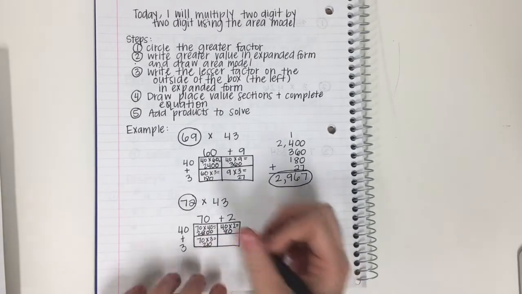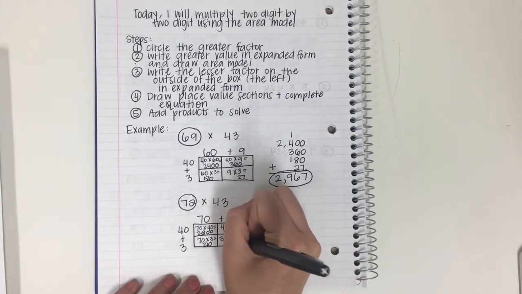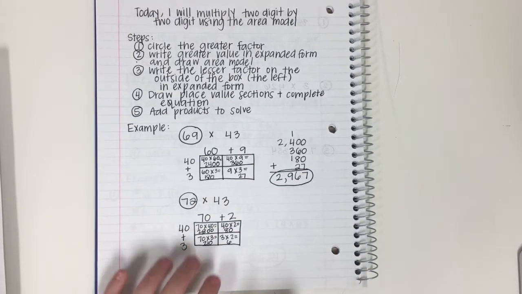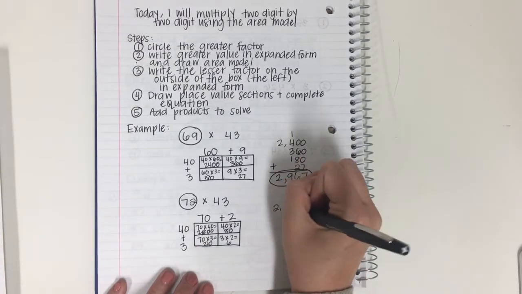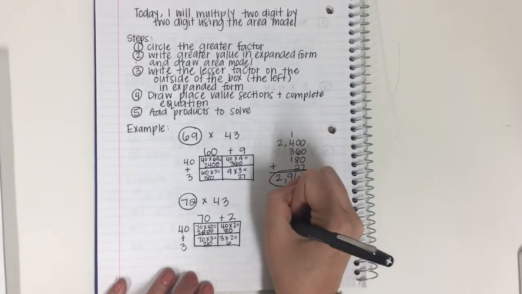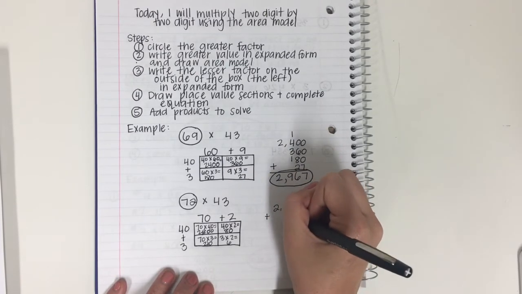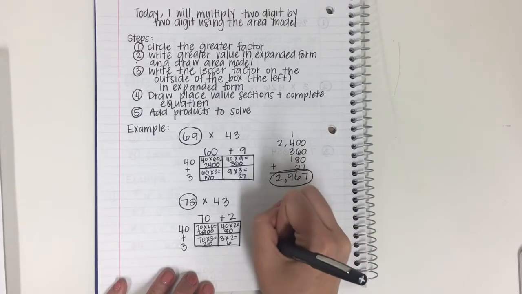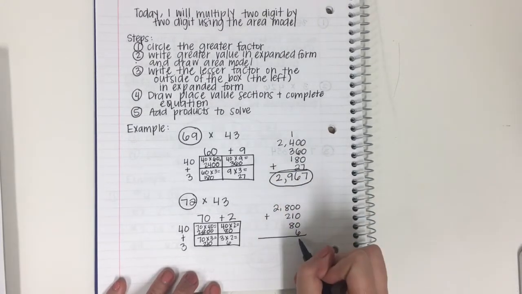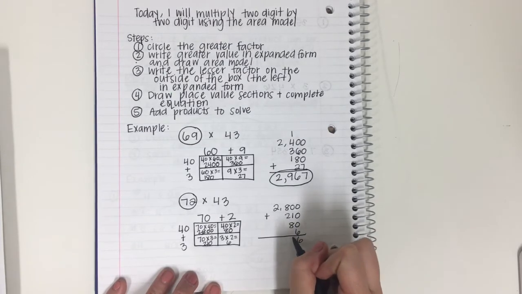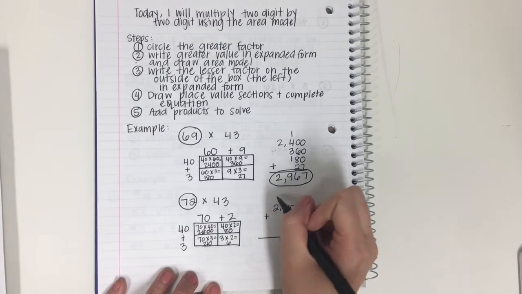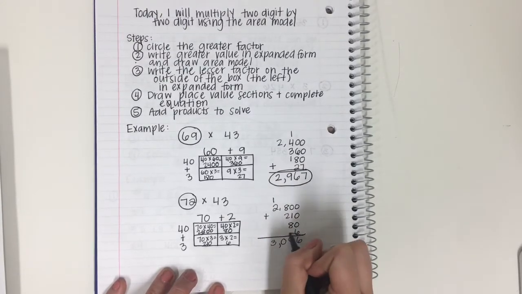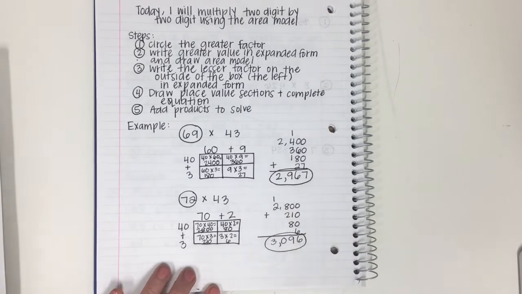Then I have 3 times 2. 3 times 2 is equal to 6. I'm almost done. Now I need to add up all of my products. So I have 2,800 plus, I have 210, I have an 80, and I have a 6. So 6, 8, 9, 8, 9, 10. I gotta carry the 1, bring down my place value, 2, 3. My product is 3,096.